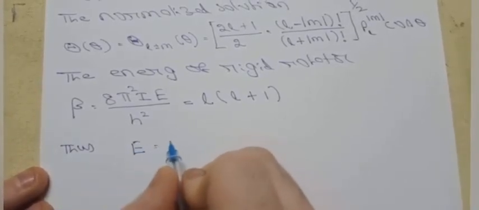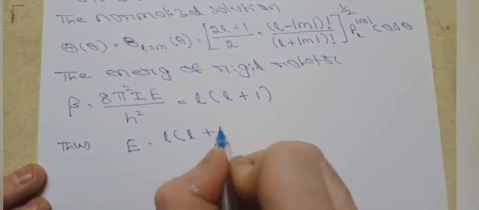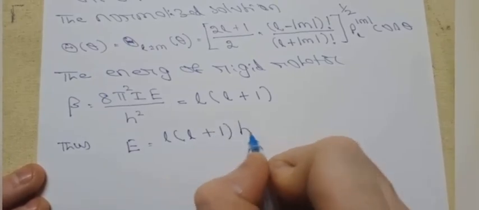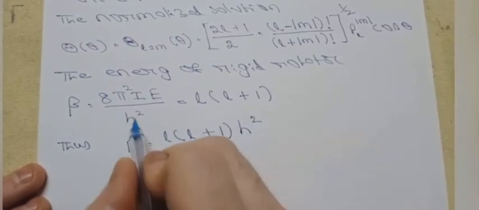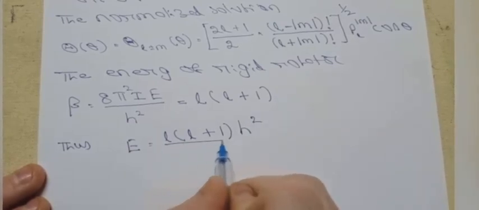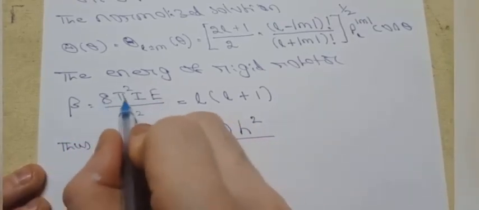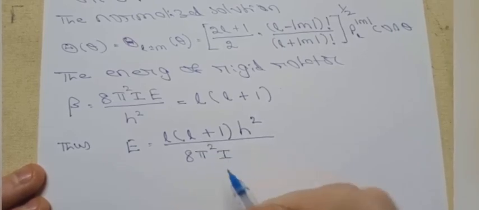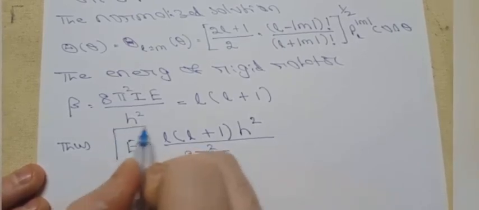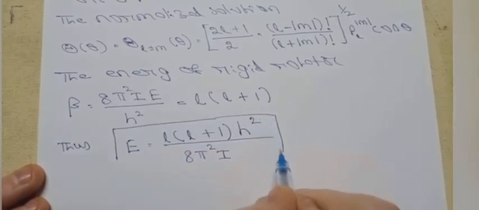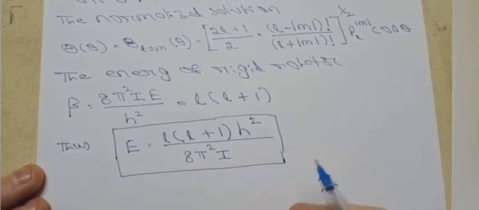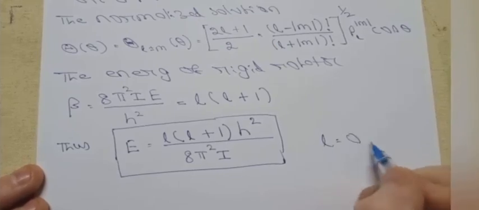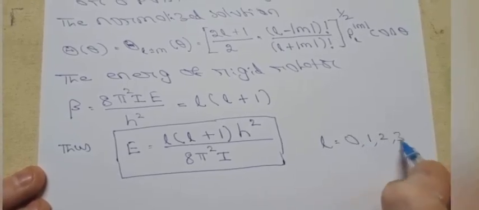Thus by rearranging this, E is equal to L into L plus 1 h square divided by 8 pi square I. So this is the energy of the rigid rotator, where L is equal to 0, 1, 2, 3.